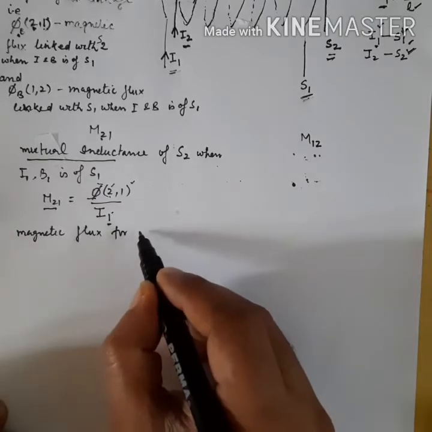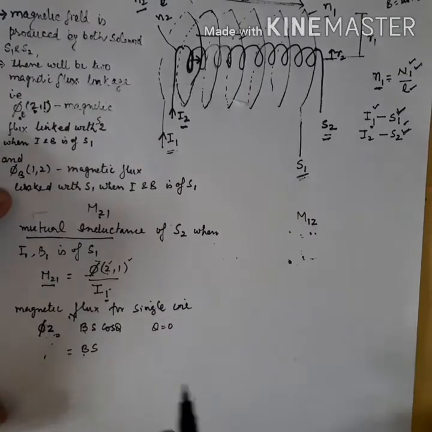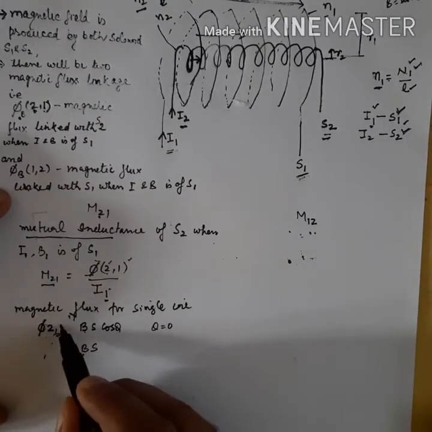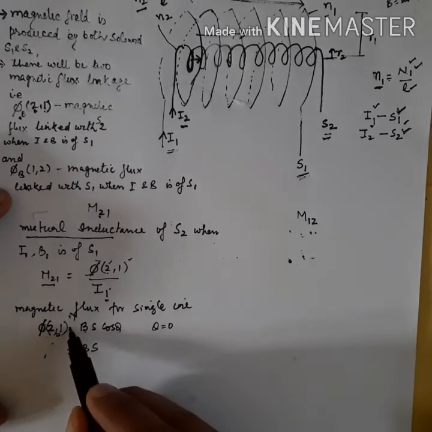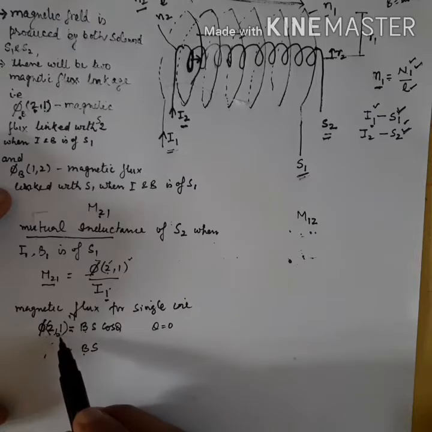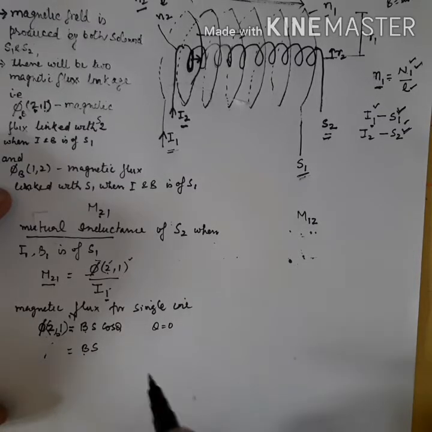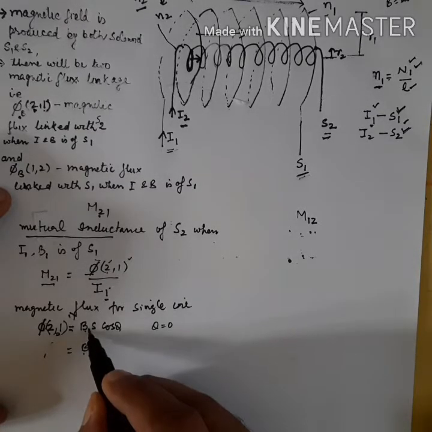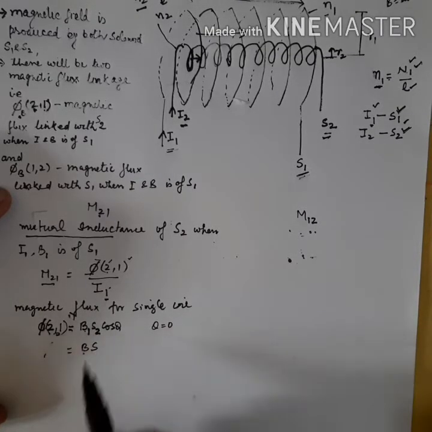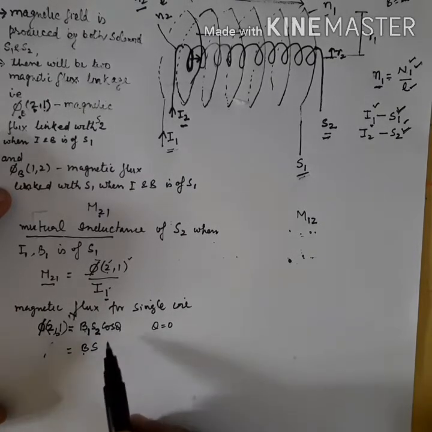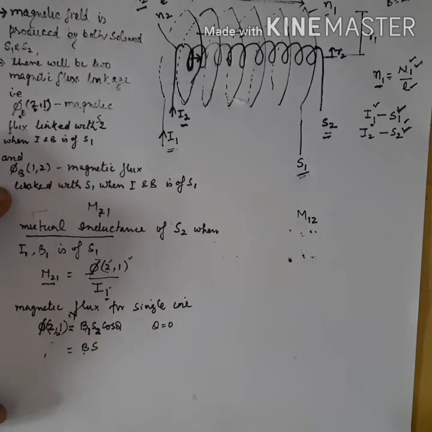First I will calculate the magnetic flux for a single coil. The magnetic flux linked with the second one when the current is flowing through the first, neighboring coil, is equal to B1 S2 cos theta, since the magnetic field is from the neighboring coil. Theta is the angle between the magnetic field and the surface area.